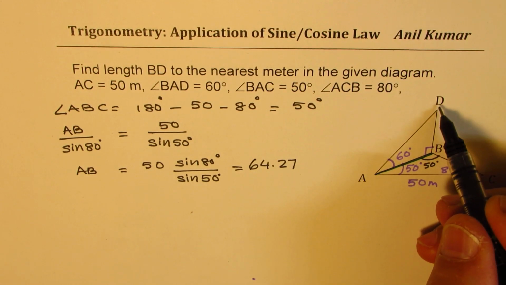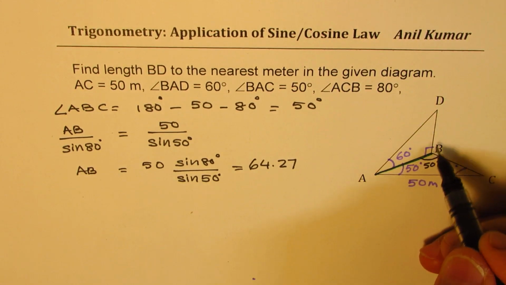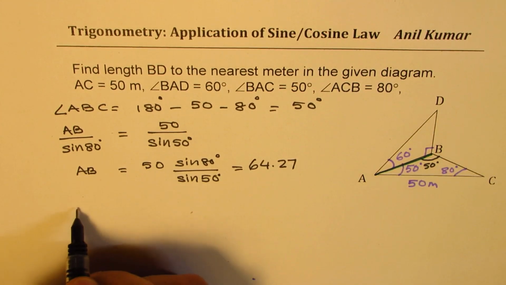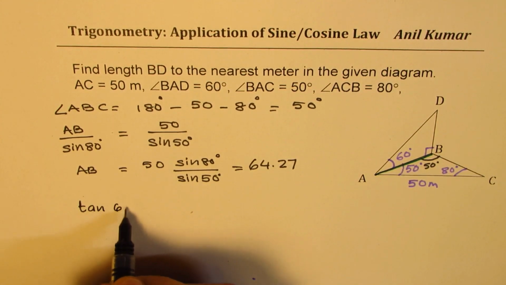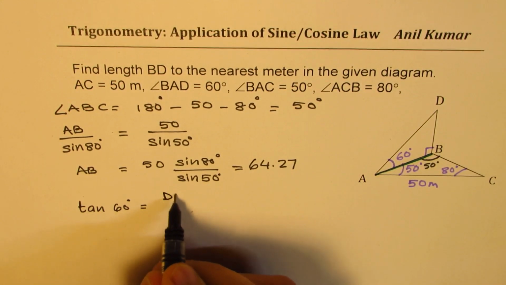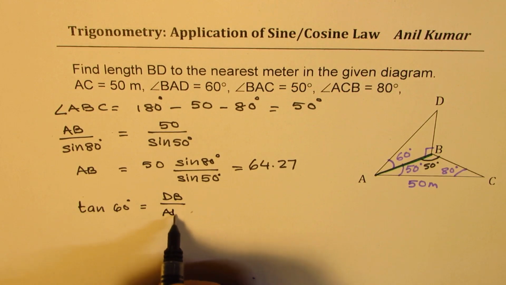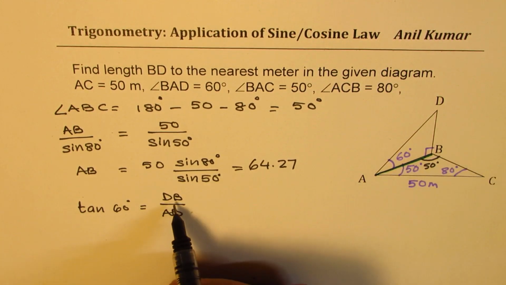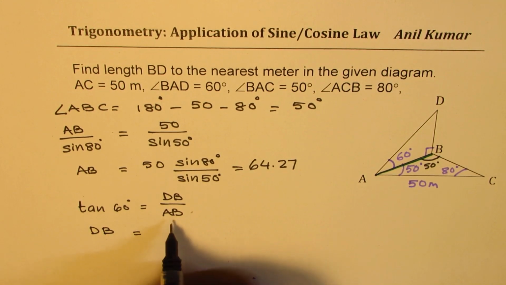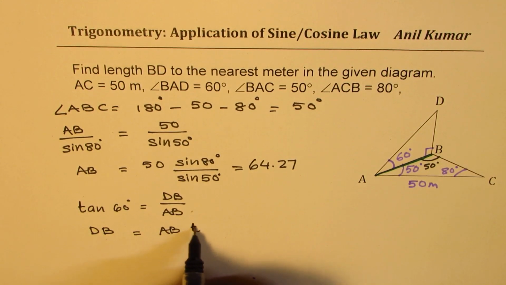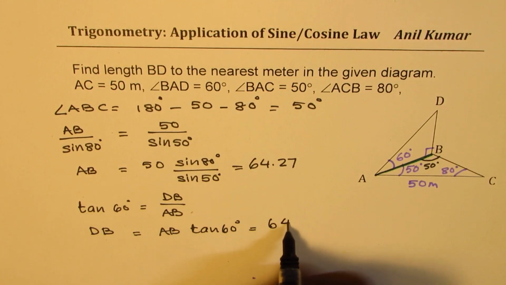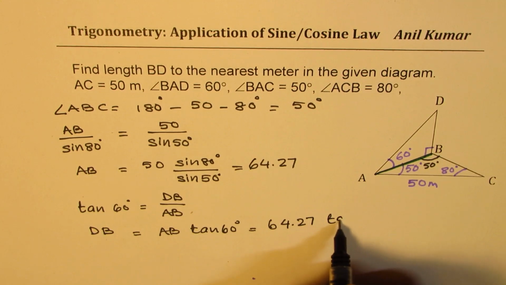To find DB, which is the height in this case of a right triangle, we can use tan, right? So we can say tan of 60 degrees is equal to DB over AB. So from here we can find what DB is. So this gives you DB as equal to AB times tan of 60. AB we just found as 64.27 times tan of 60 degrees.